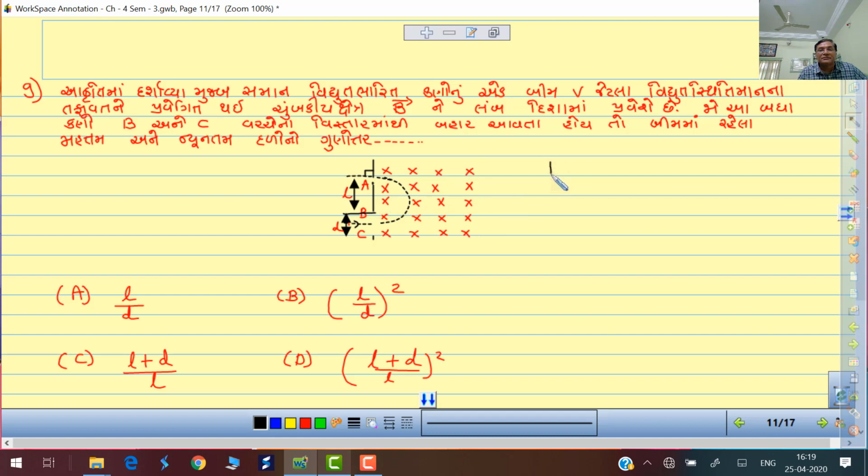Radius is equal to, we know that mv upon qb. Here velocity is not given, so I write in terms of p upon qb.